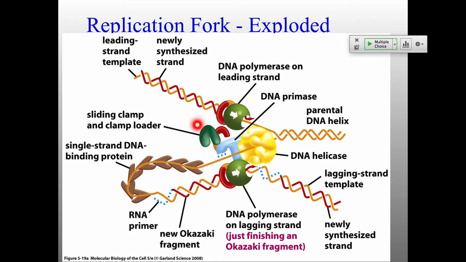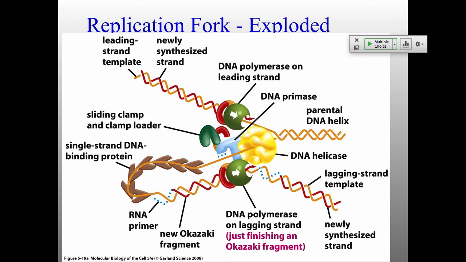Then you have a clamp loader, which is this green piece right here, together with a sliding clamp that's open. So as soon as you get this primer put down, now the sliding clamp can get associated with it. You can get a DNA polymerase that will now extend. Now, all DNA polymerases are going from 5' to 3'. None of them are going back the other way because of proofreading reasons.